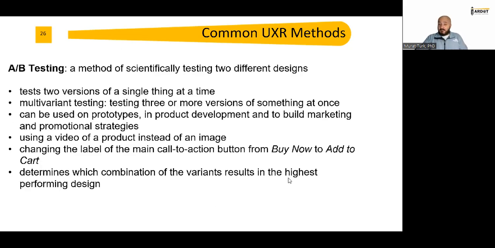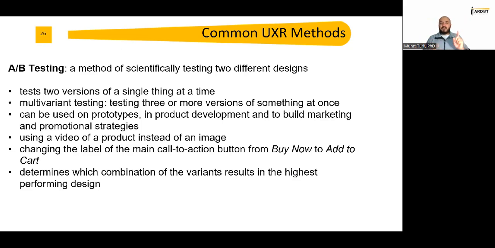A/B testing is a very popular way of testing two different designs, maybe more than two, okay? So basically in A/B testing, we sometimes also call them single variant tests.